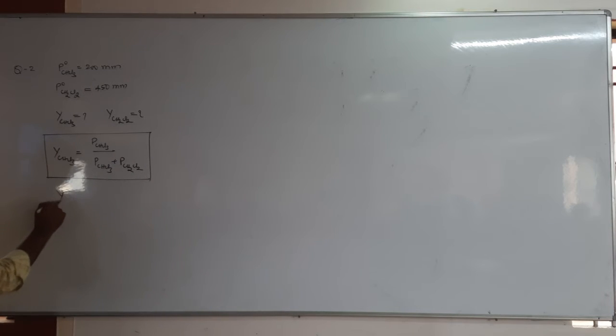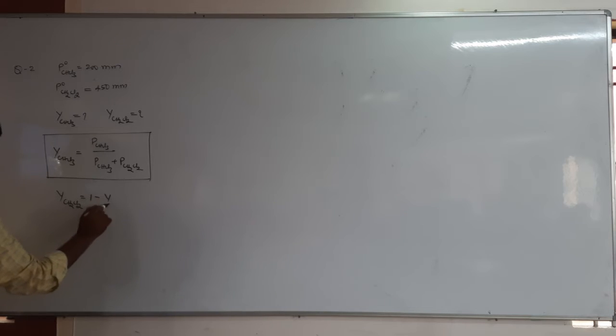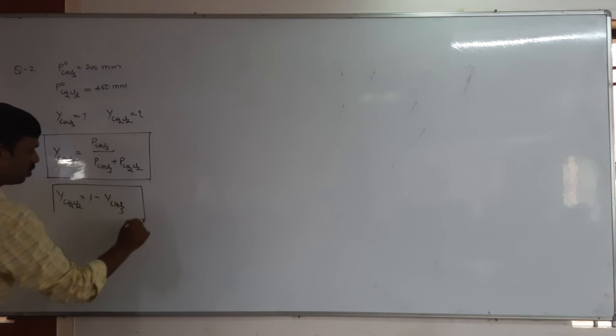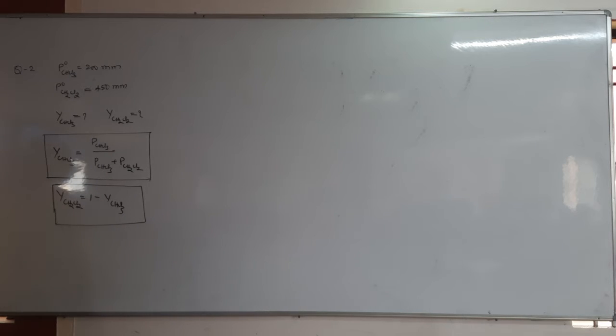Similarly, Y dichloromethane is equal to 1 minus Y chloroform, because the sum of the mole fractions is always equal to 1. So you can calculate any one.